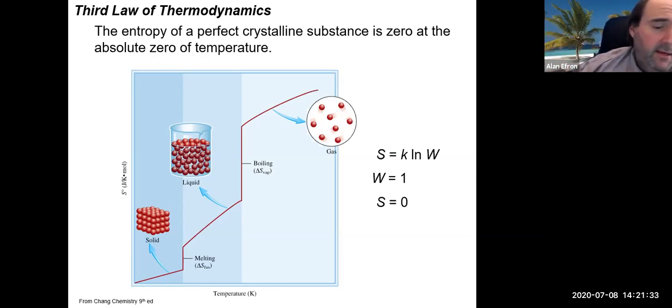Perhaps you remember things like cubic unit cells and the perfect orderedness of all that kind of stuff. But to get something that's perfect, there's only one way to do that, which is why, looking back at our Boltzmann equation here, the natural log of 1 is 0, which means the entropy value is very, very low.